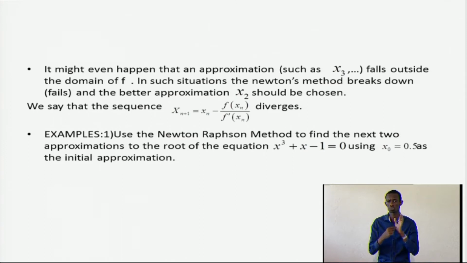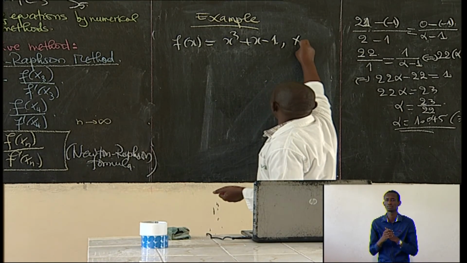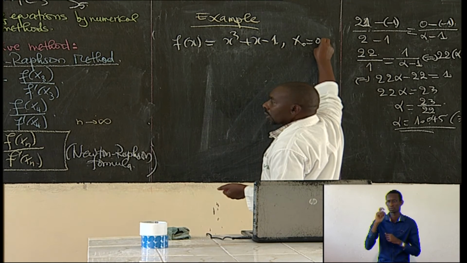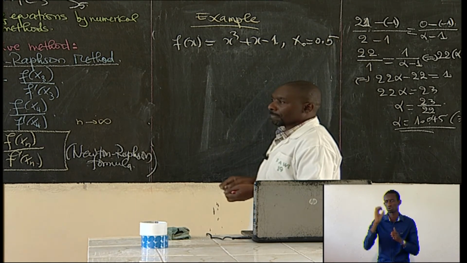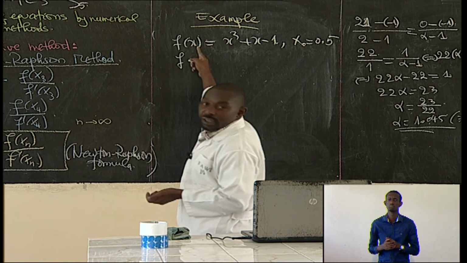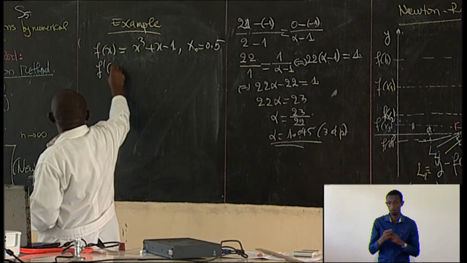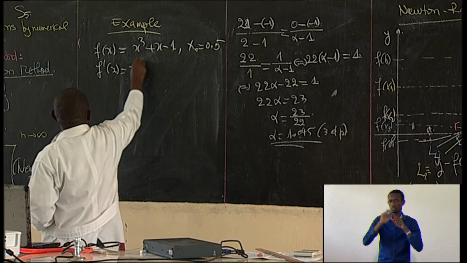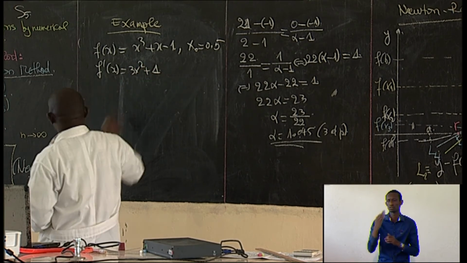The example is still there, but I'm going to give the solution. We have f of x, which is equal to x cubed plus x minus 1, and the initial approximation is x naught equals 0.5, okay? Then we need the derivative of this function, which is equal to 3x squared plus 1.